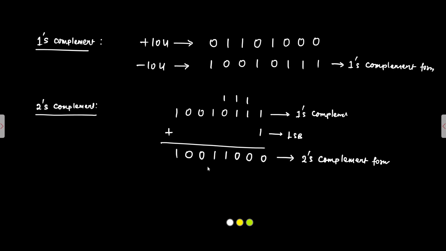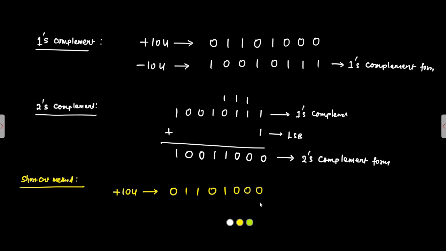So here you can use the shortcut method also. Here we have plus 104 represented as 0 1 1 0 1 0 0 0.